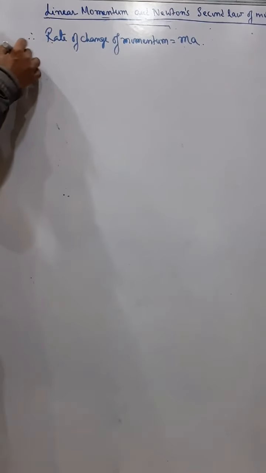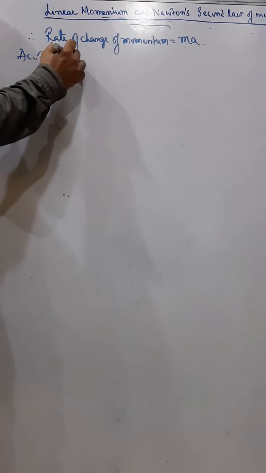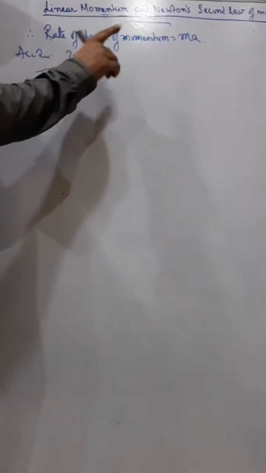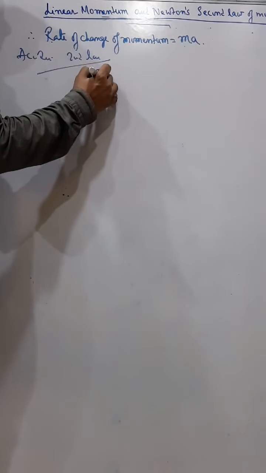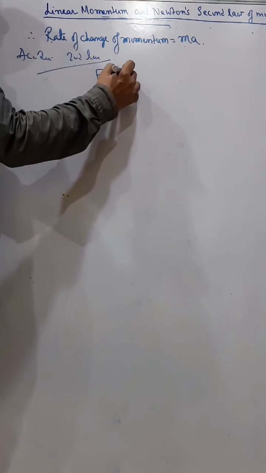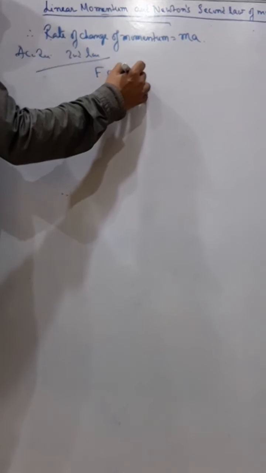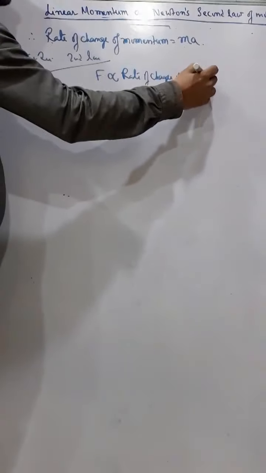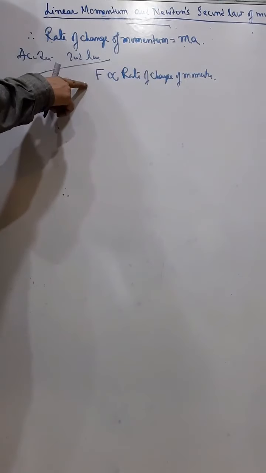Now according to Newton's second law of motion, what do we know? It states that the force is directly proportional to the rate of change of momentum. That means the greater the rate of change of momentum, the greater will be the force.